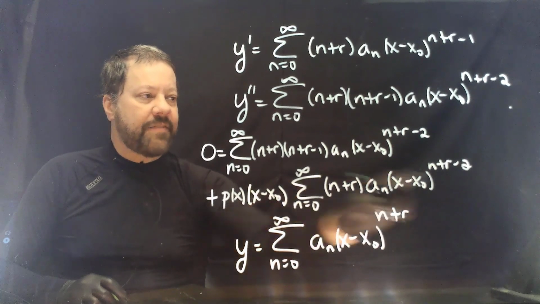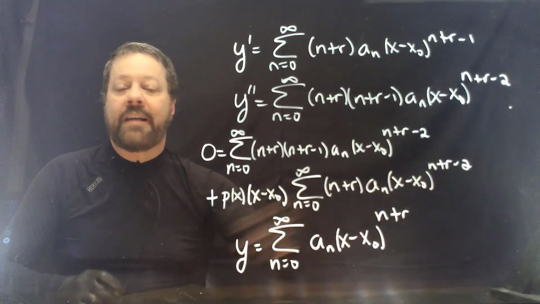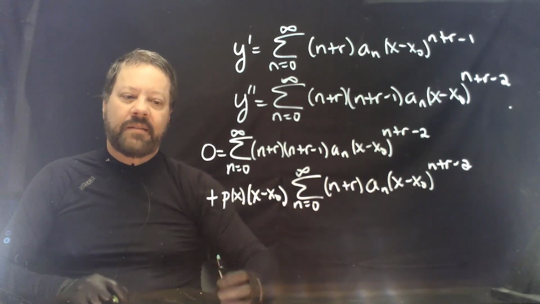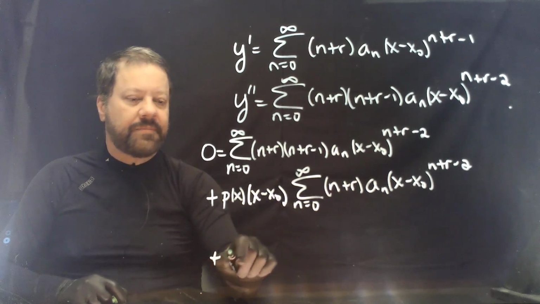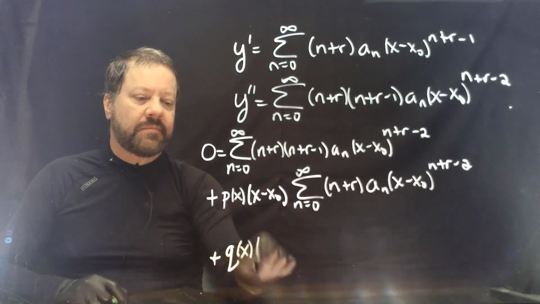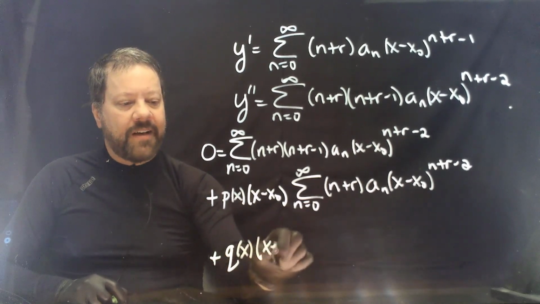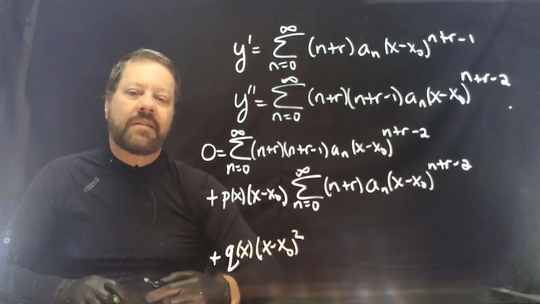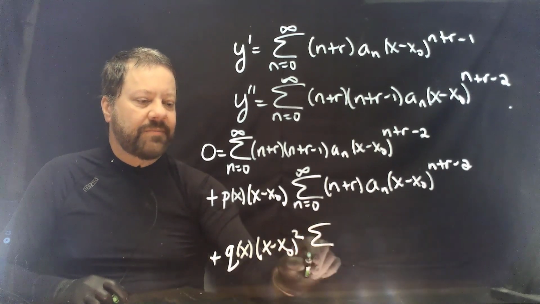I've taken this factor out, so I now have a power of n plus r minus 2. And then there's the final term. I need to multiply this final term by (x minus x naught) squared, so I'm going to have to take two factors of x minus x naught out.